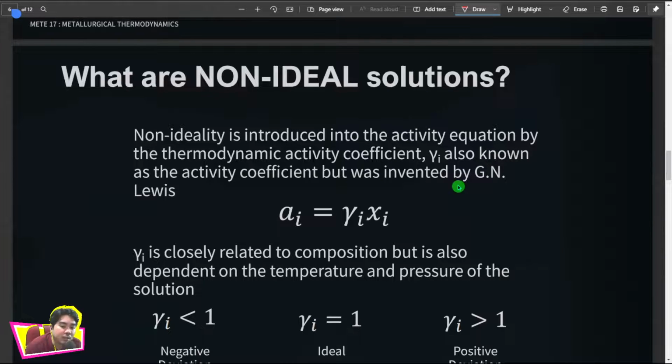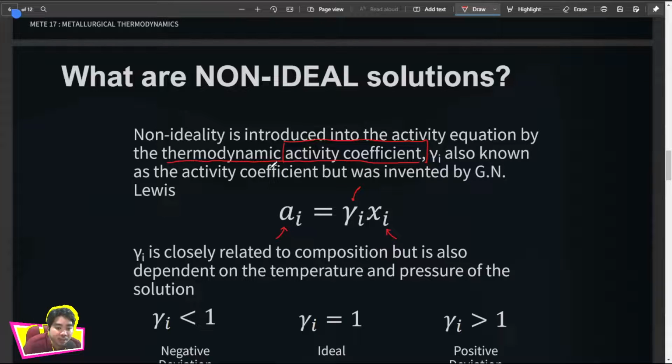Okay? So earlier we just equated, since it's a linear equation, the activity to just the mole fraction. Now, for non-ideal conditions, we add a correction factor. And we call this correction factor the thermodynamic activity coefficient. Or simply, sometimes it's just called the activity coefficient.